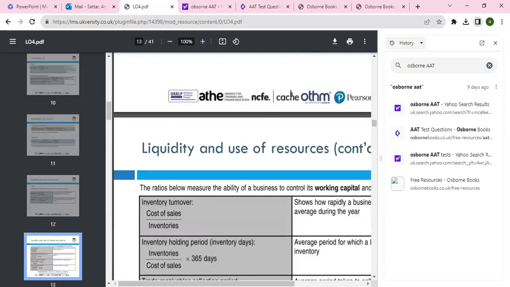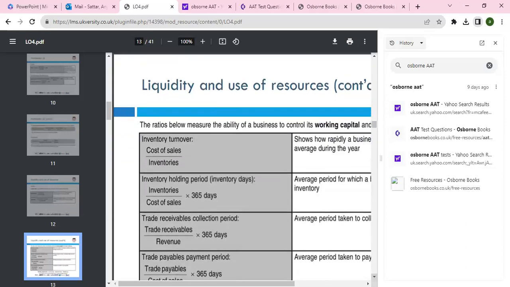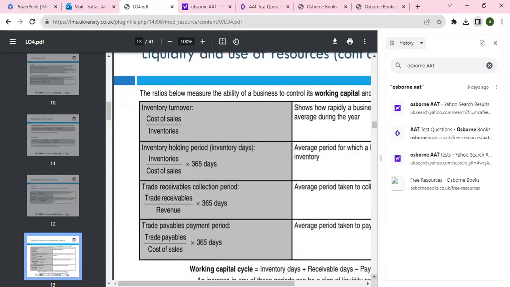Then we have cost versus inventory turnover days, the inventory holding period.